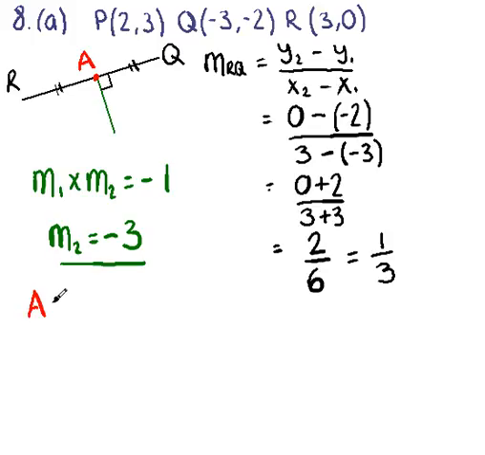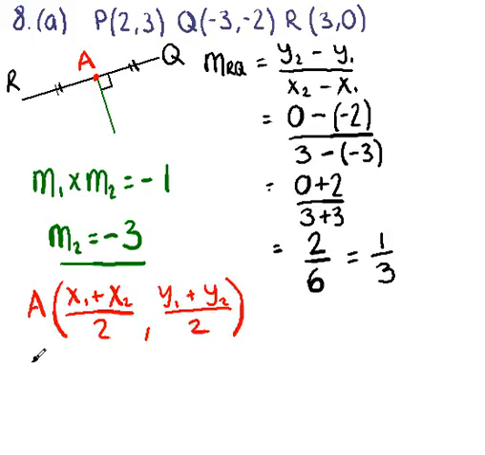Our midpoint is going to be x1 plus x2 over 2, comma y1 plus y2 over 2.